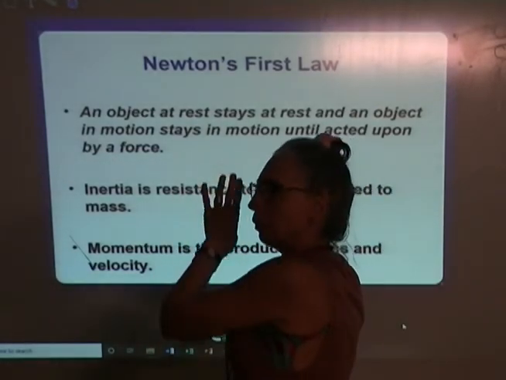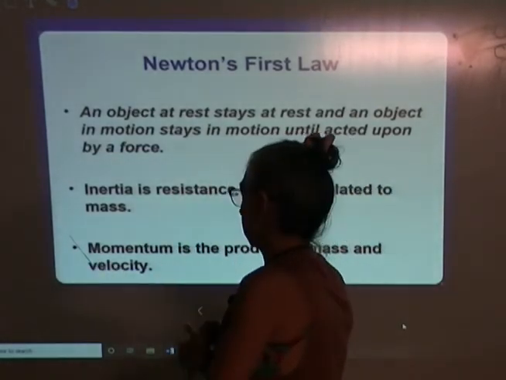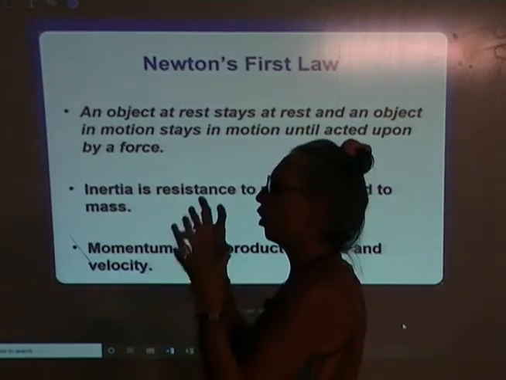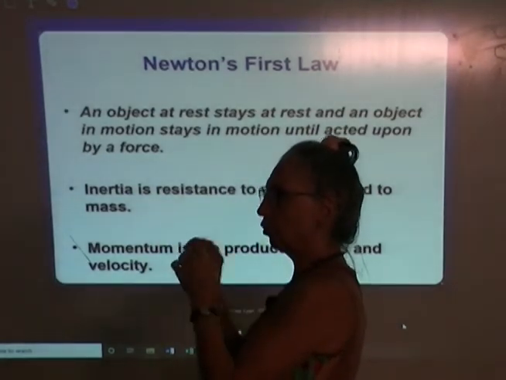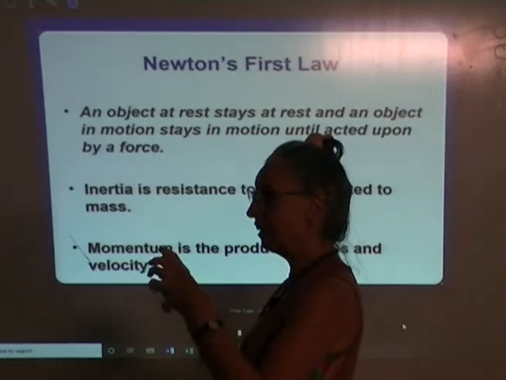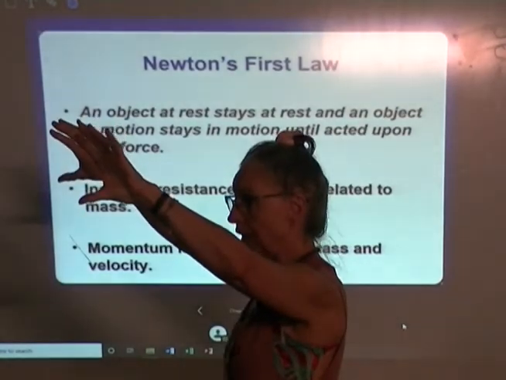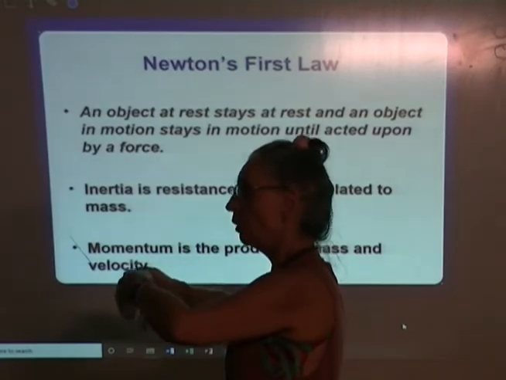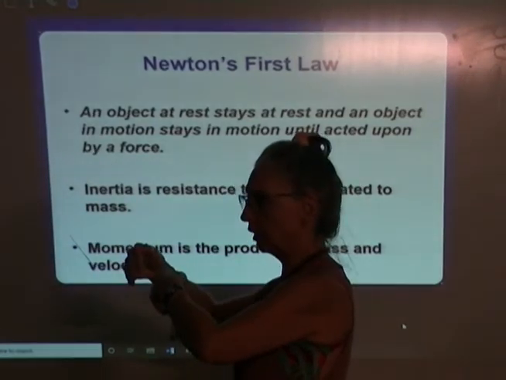And that links to one of the other laws as well, as you'll see in a minute. I cannot move unless a force is applied. And once I'm moving, I can't stop unless a force is applied.